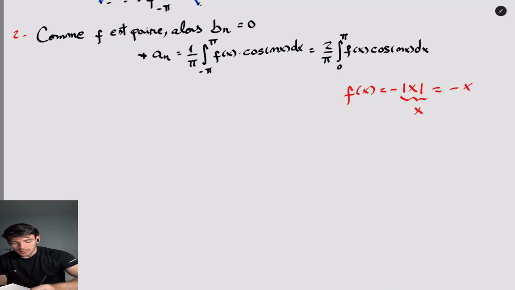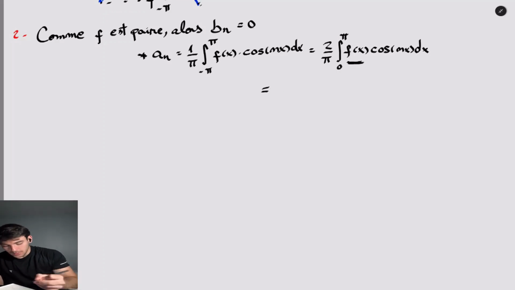So this will be minus x, with this minus here, and we cut out this modulus. So we stay with minus x. Okay, so that's our function f of x here.